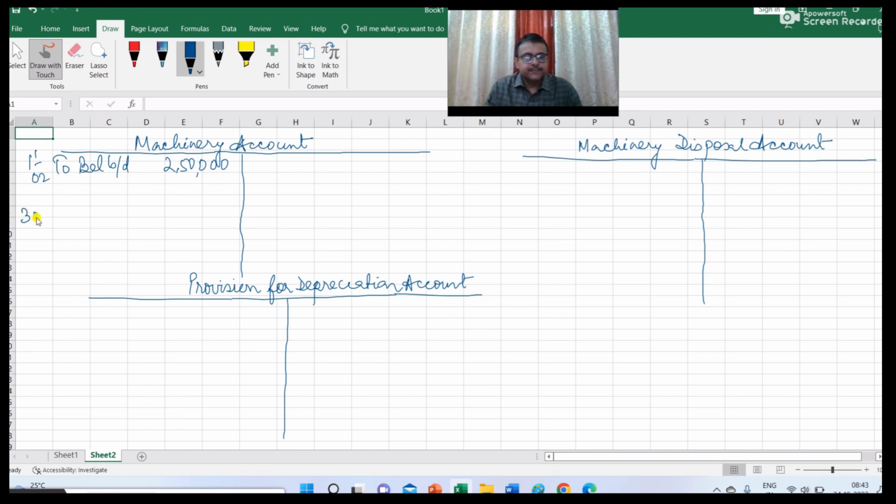On 30th September 2002, two machines were purchased for rupees 20,000 and 15,000. So sum total of these two machines is 35,000. And on 30th September 2002, two machines were sold out. So I have to write here by machinery disposal account.